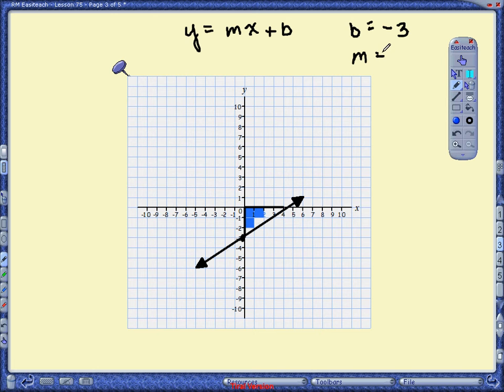That's the rise. So I'll have 3. And the run from here to where it crosses right here: 1, 2, 3, 4. So my run is 4. y then equals our slope m, 3/4 x minus 3.